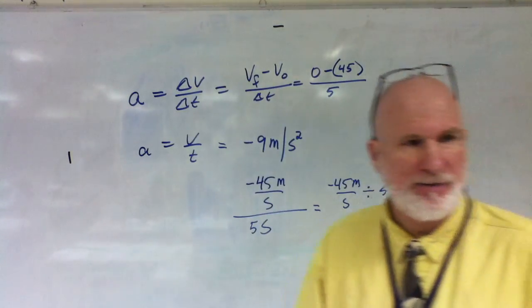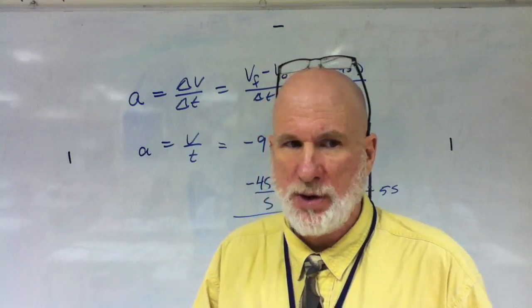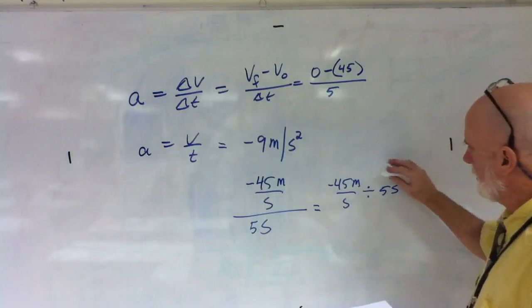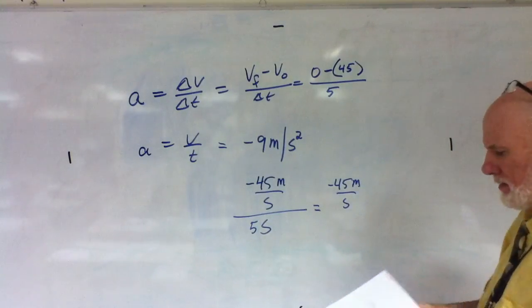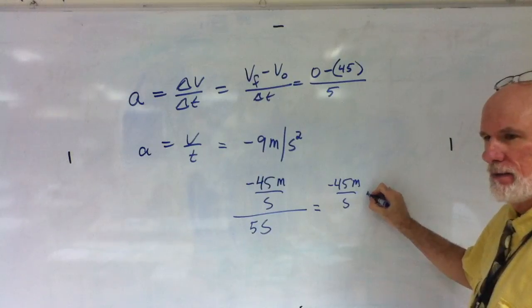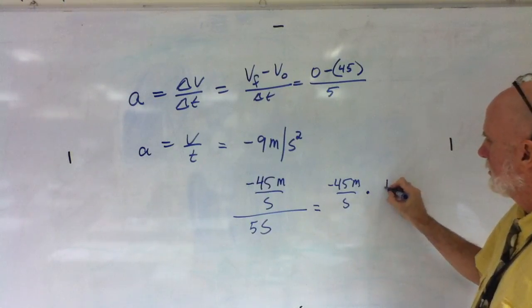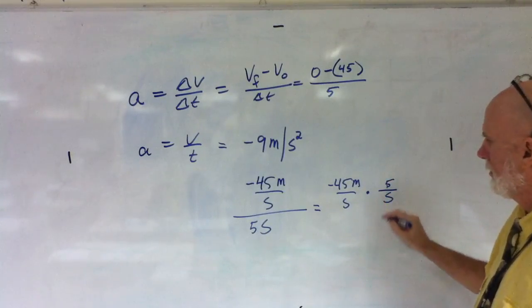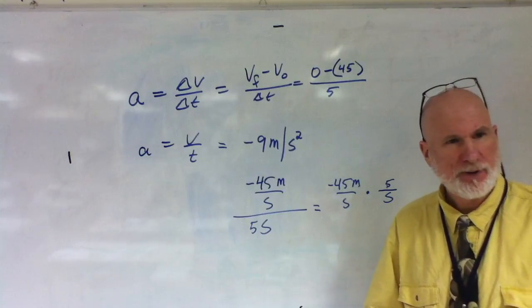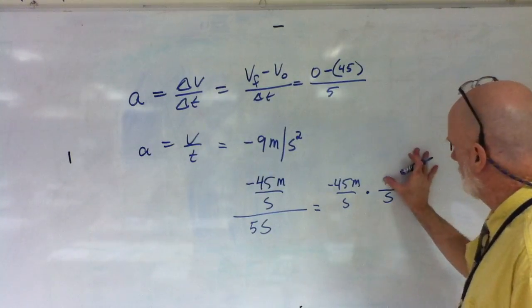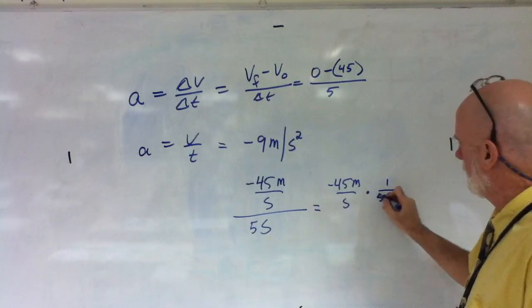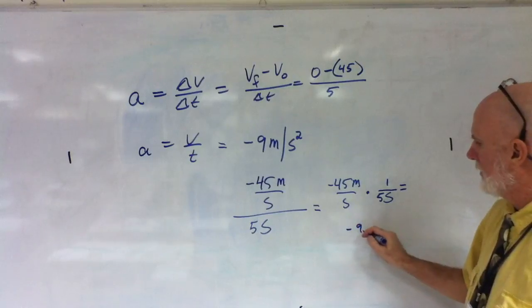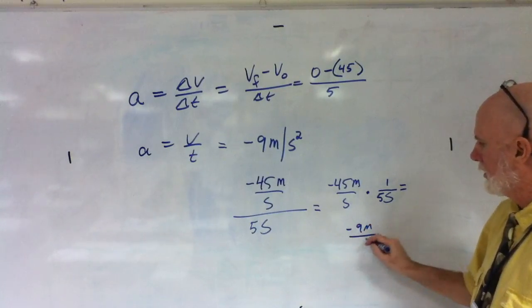Or you say multiply by the reciprocal, right? So we say times 1 over 5 over seconds. So this becomes negative 9 meters per second squared.